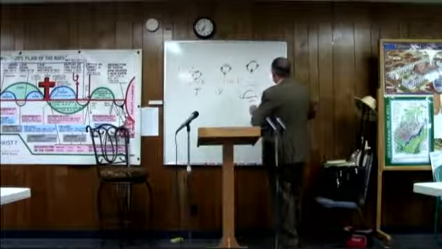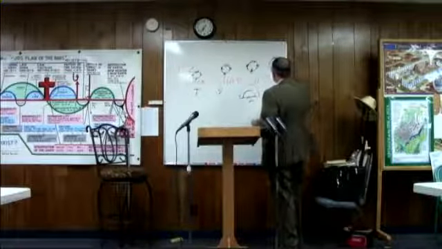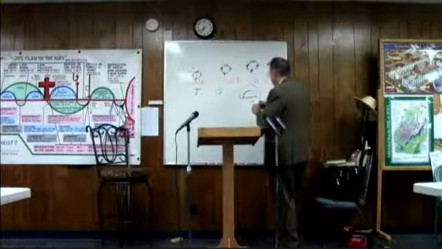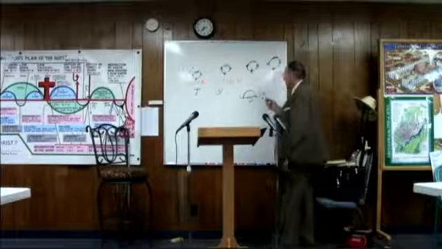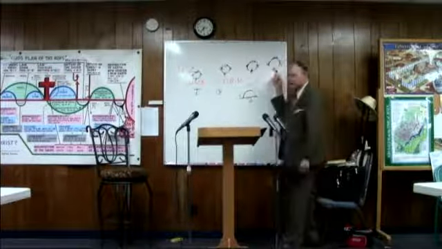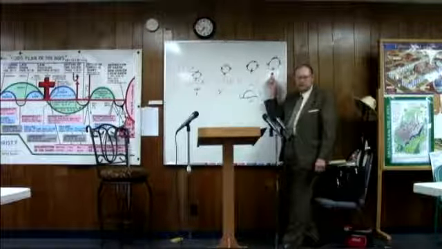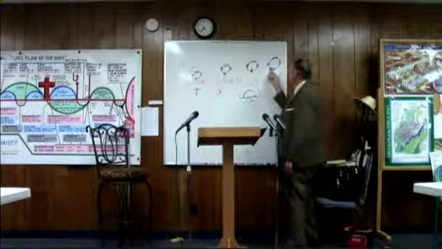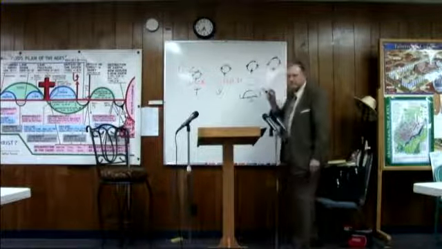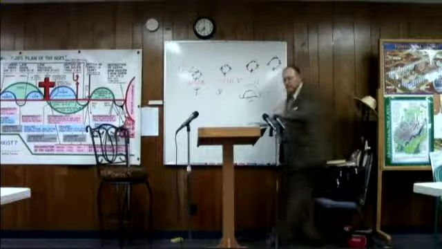Now we come over here and we have Saturday. Okay, now from 6 p.m. here to 6 p.m. Saturday is what? That's a Sabbath. So over here is the first day of the week. Sunday actually starts at 6 p.m. on Saturday.